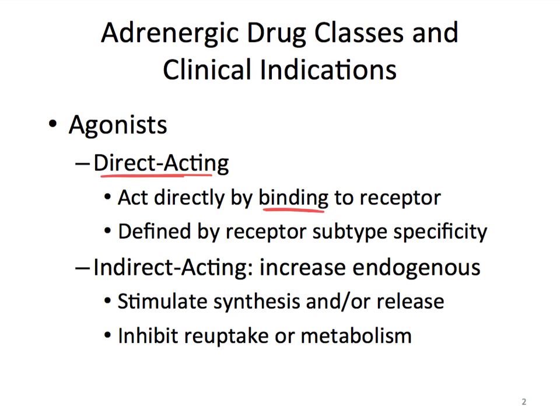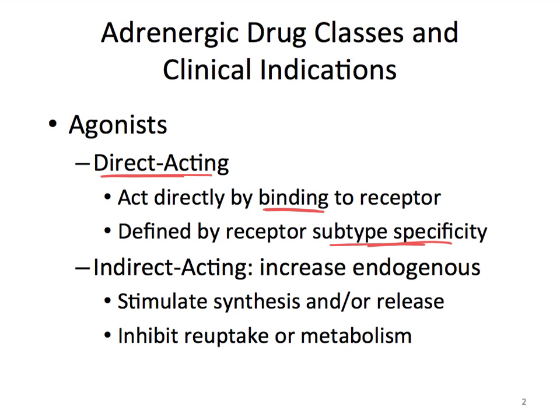And the key here, if you go back to our discussion of receptor subtypes, this is where the information becomes useful because these drugs are defined by the receptor specificity, or in some cases, like epinephrine, a relative non-specificity. That is, they will bind to one degree or another all subtypes of the adrenergic receptors.